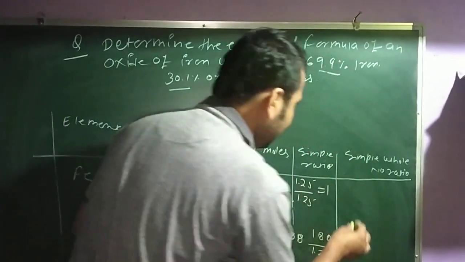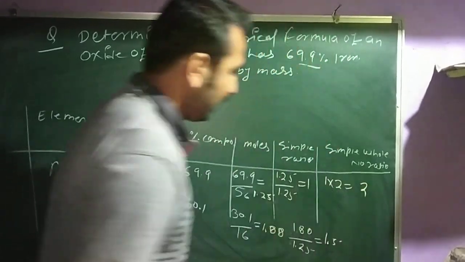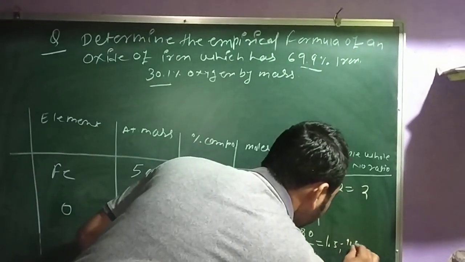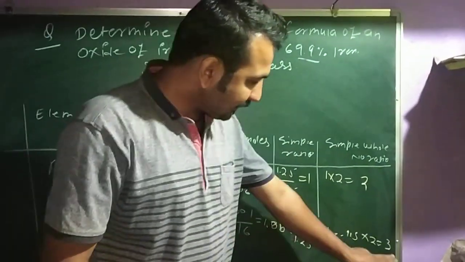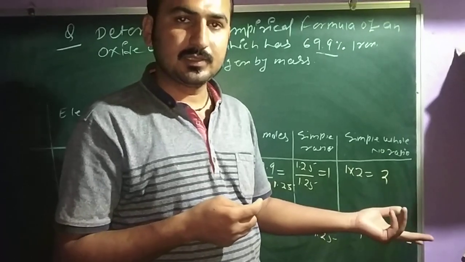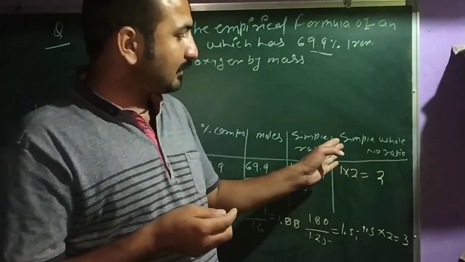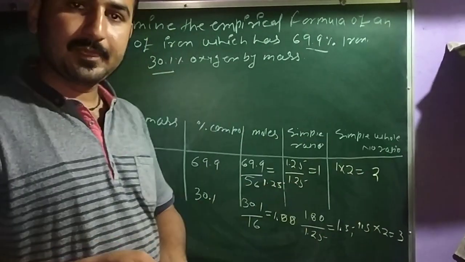Here 1 into 2 is 2, and second, 1.5 into 2 is 3. Now 3 is a whole number and 2 also. Clear? So this is the way to make your simple ratio into a whole number ratio.